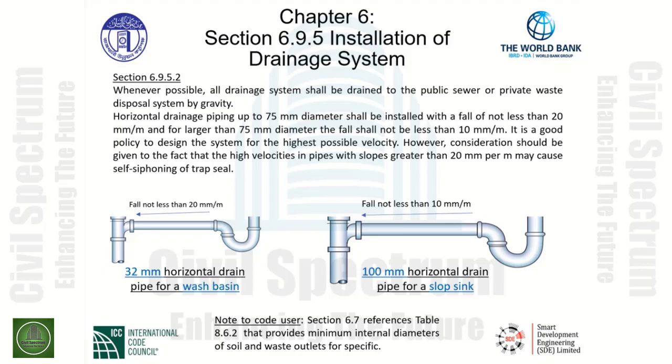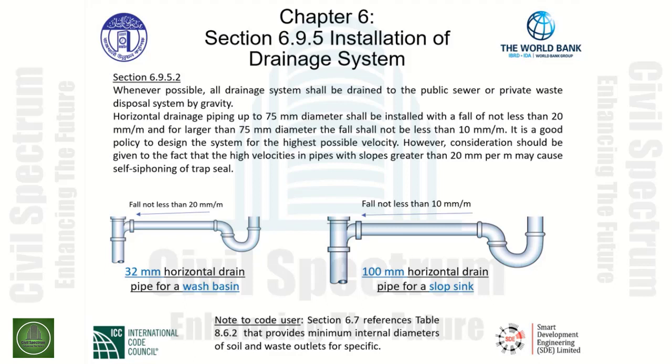The code user, here's a note. Section 6.7 references Table 8.6.2 that provides minimum internal diameters of soil and waste outlets for specific fixtures. As we look at the horizontal drains, according to our graphic below, we have a 32 millimeter horizontal drain pipe for a wash basin.